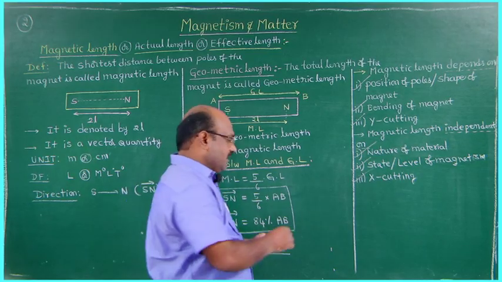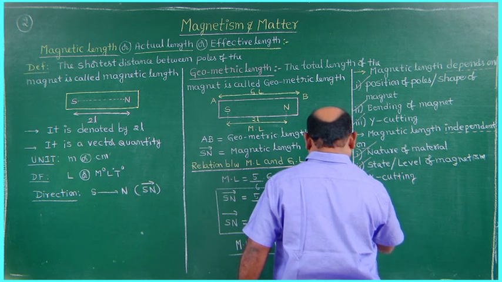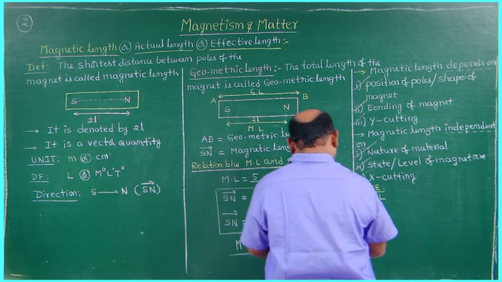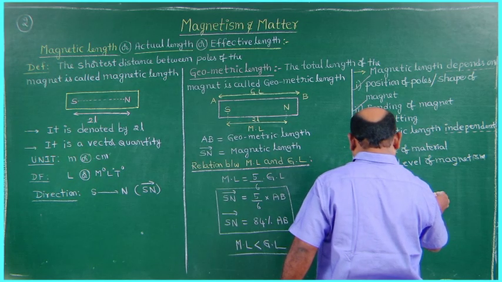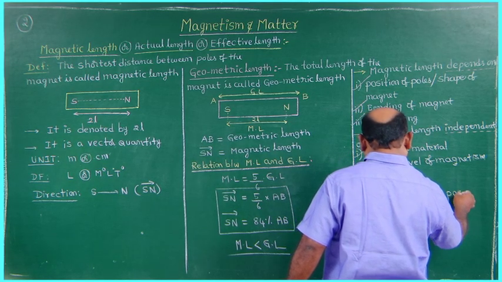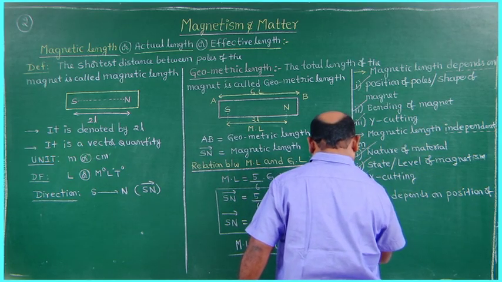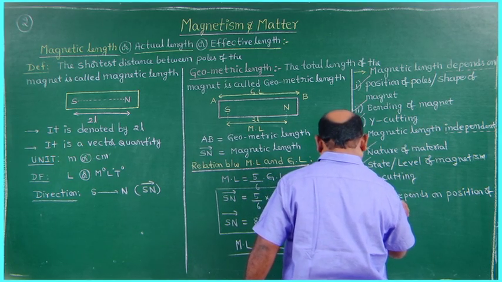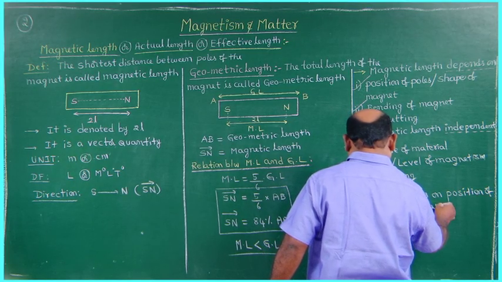X cutting. And finally, I will give one note point. This is the key point. Here the magnetic length depends on position of poles but not shape. Right?